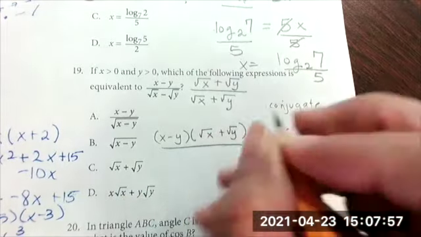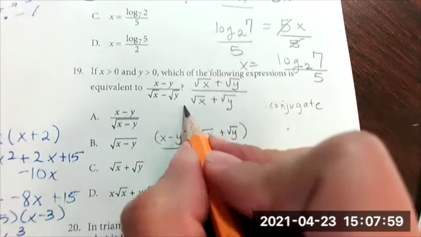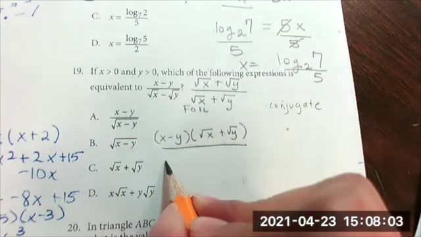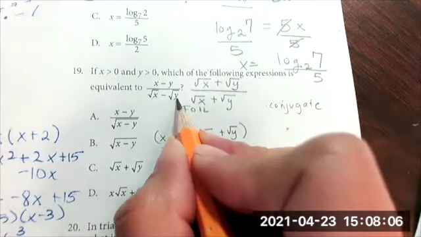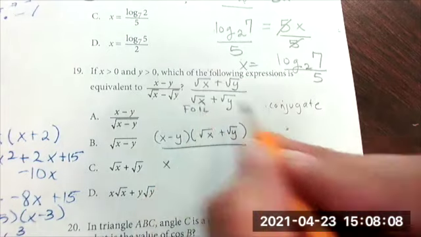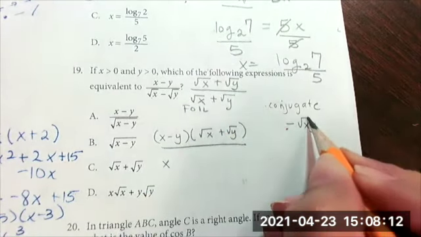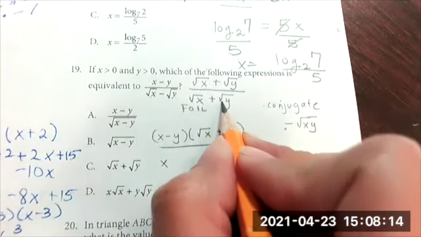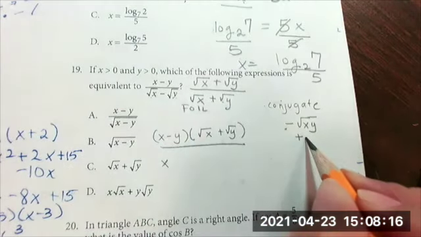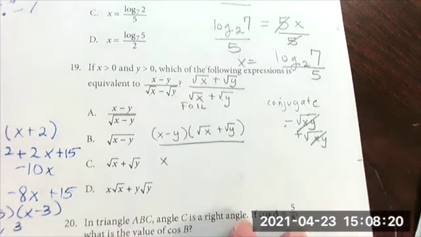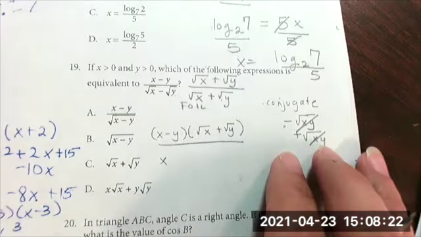And then we're going to do the bottom part. It's going to do the FOIL part of the bottom. This times this is x. This times this is negative radical xy. This times this is positive radical xy. So they're going to cancel. Just showing you so that you can see it here.